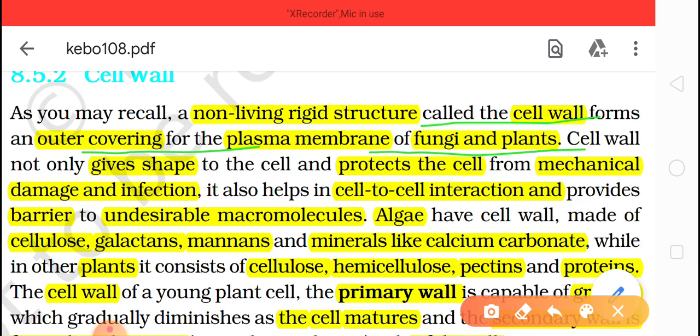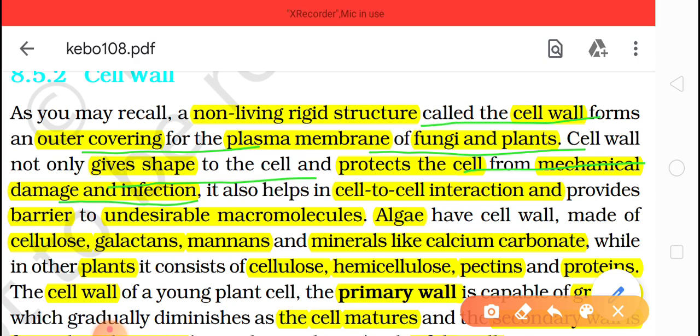The main function of the cell wall is to give shape to the cell and protect the cell from mechanical damage and infection.